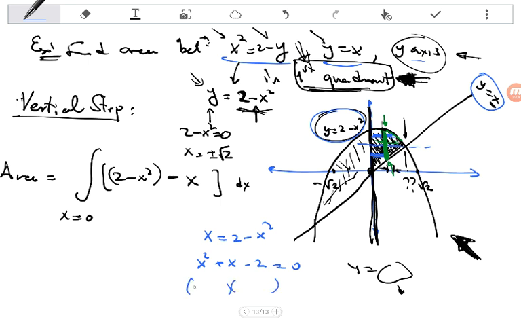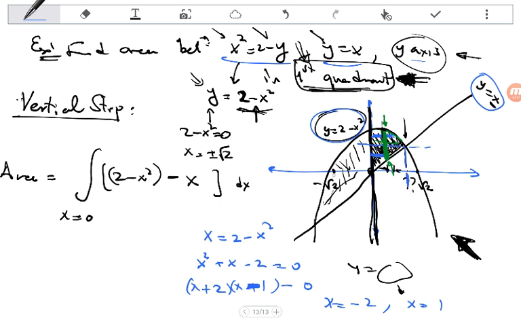If I solve it, I find x is equal to minus 2 and x equals 1, and these are exactly the two points.